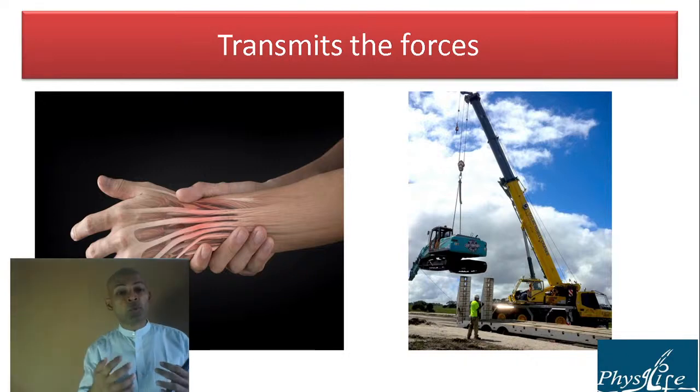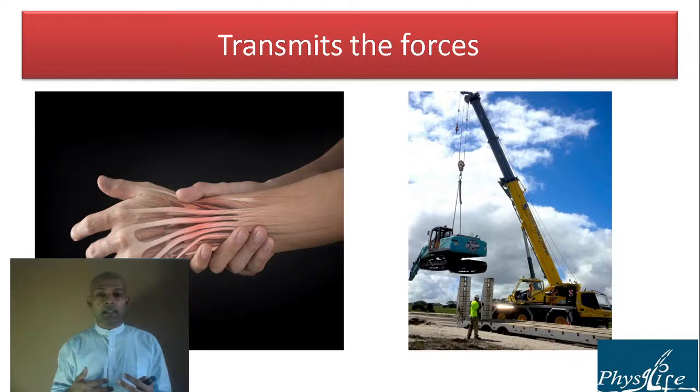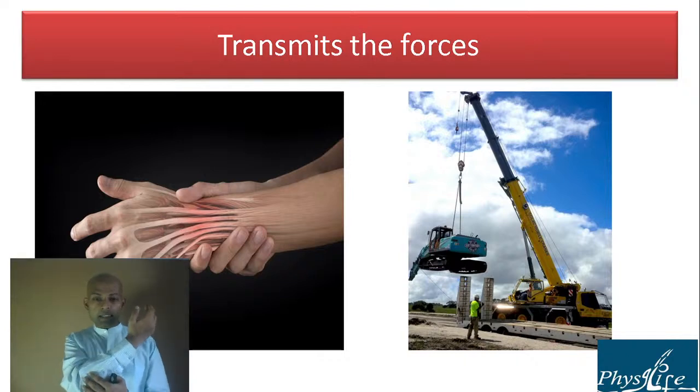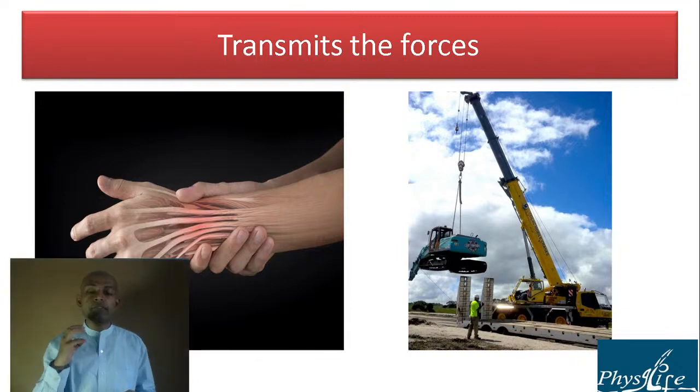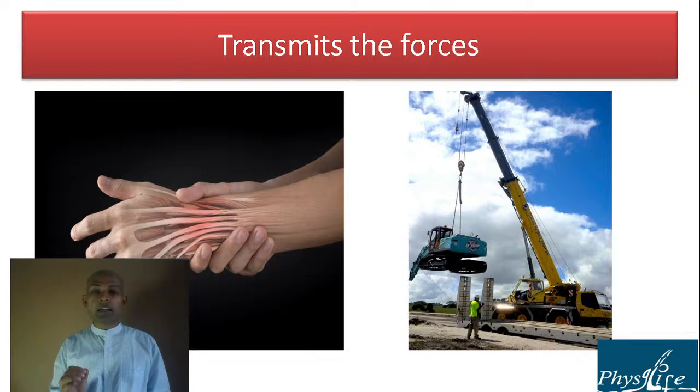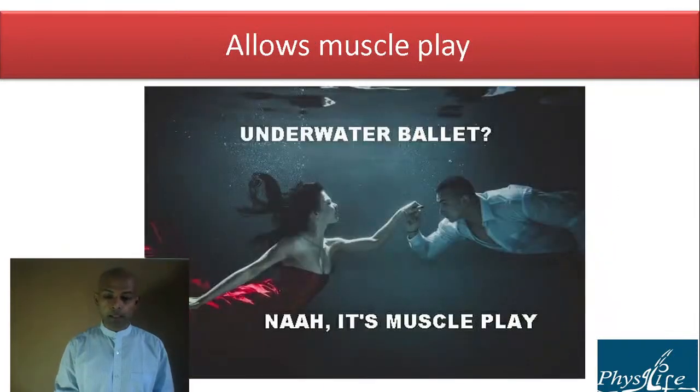Similar things happen with the fascia. My extensor carpi radialis longus originates here, from my lateral epicondyle, but the contractile force is coming to the wrist, or the other muscles that are moving the fingers are being transmitted via the structures related to the fascia, or fascial structures. Those are the tendons. So one of the functions of fascia is to transmit forces.